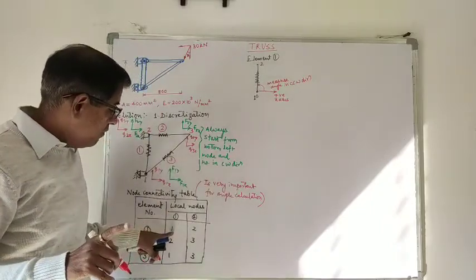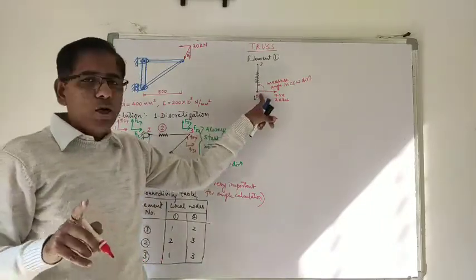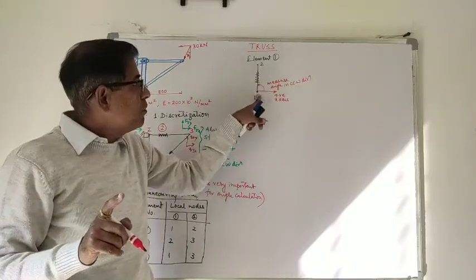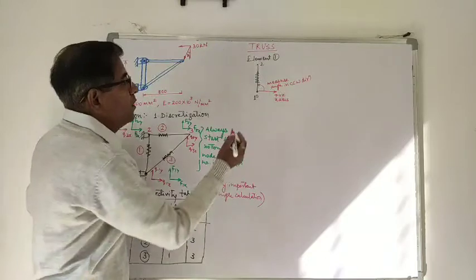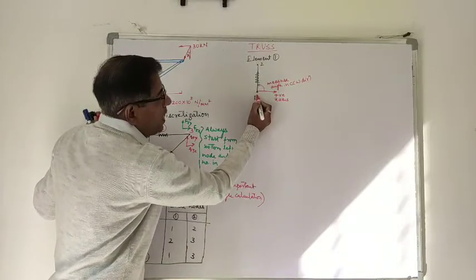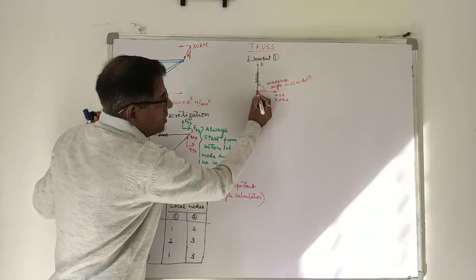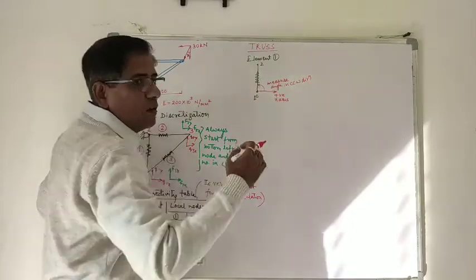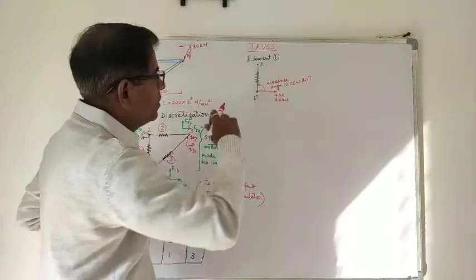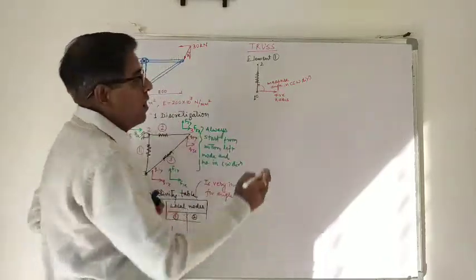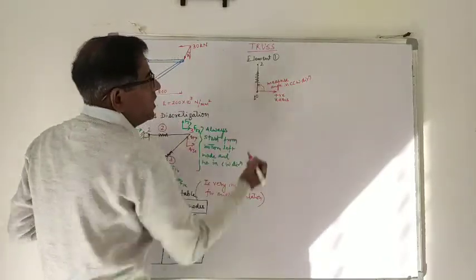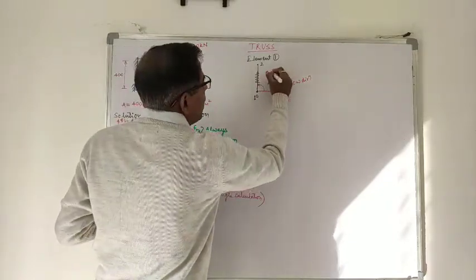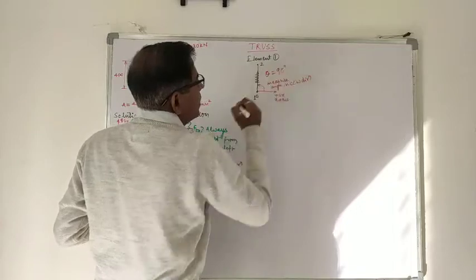Because my first local node is 1. Always measure the inclination of this truss member at the first local node. So for this, consider this point as origin. This is the positive x-axis, which always goes towards the right of the origin, and then measure the inclination in anti-clockwise direction. So here, what is the value of theta? Here it is 90 degrees.